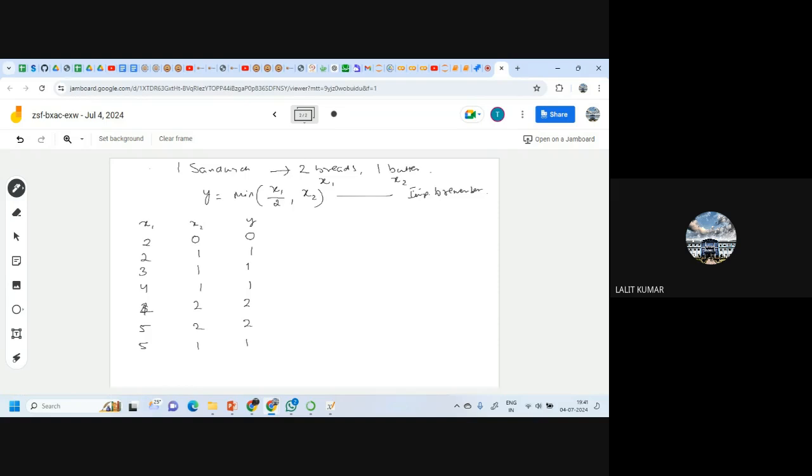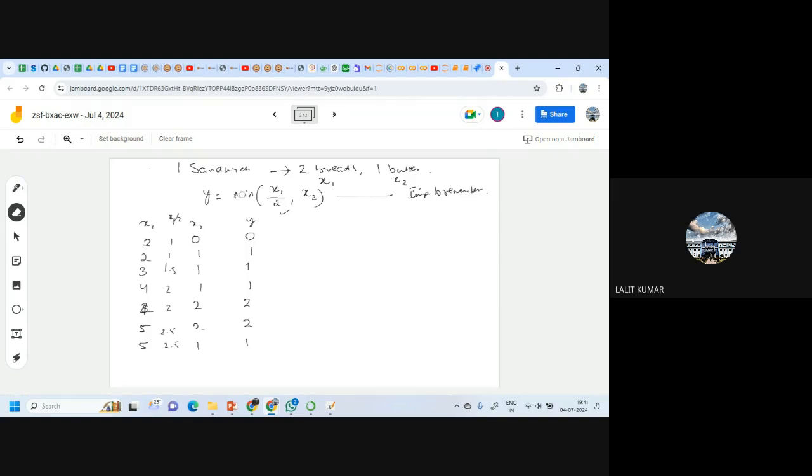So here you can see it is getting decided by the minimum of x1 by 2 and x2. X1 by 2 in this case is 1, 1, 1.5, 2, 2, 2.5 and 2.5. So this is getting decided by the minimum of x1 by 2 and x2.